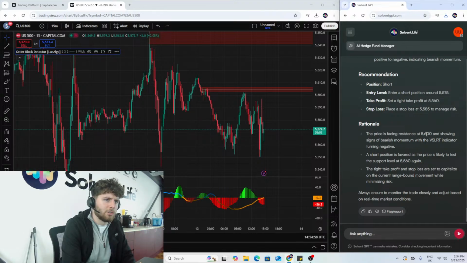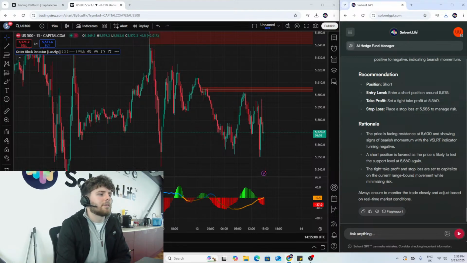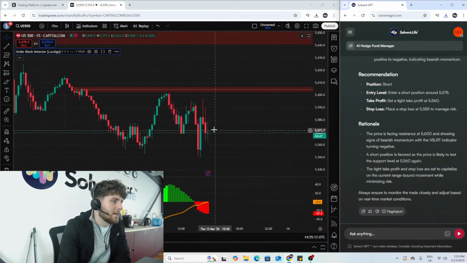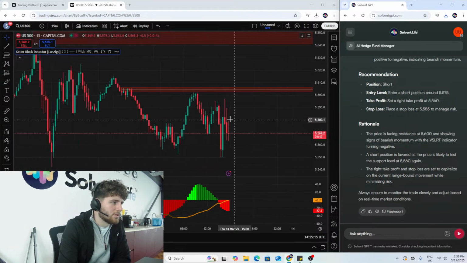Enter a short position around 5,575, a take profit of 5,560, and then a stop loss of 5,585. So I think that would be a sensible recommendation with the sort of current downtrend.